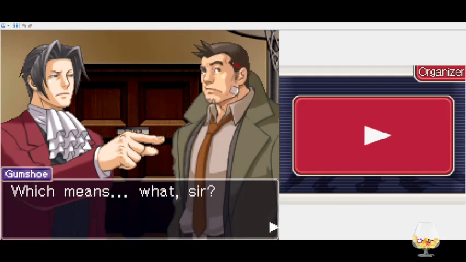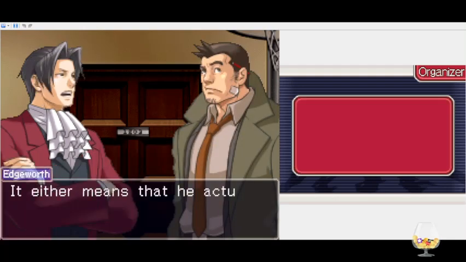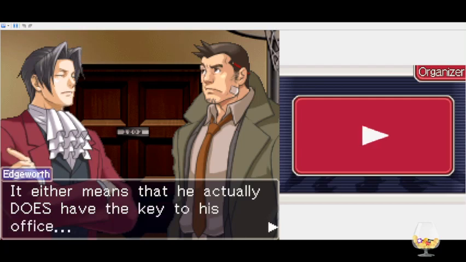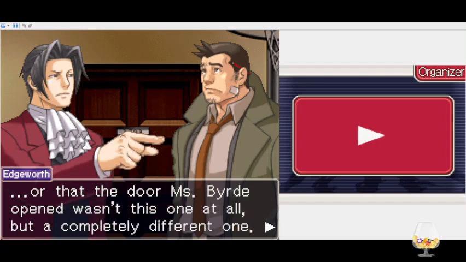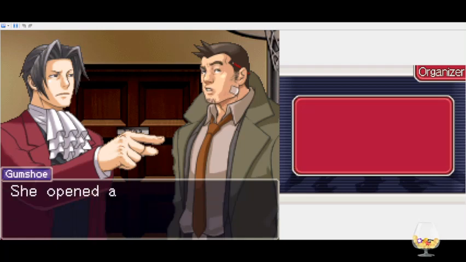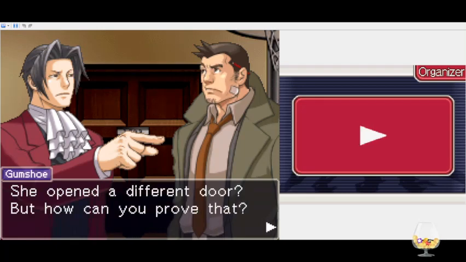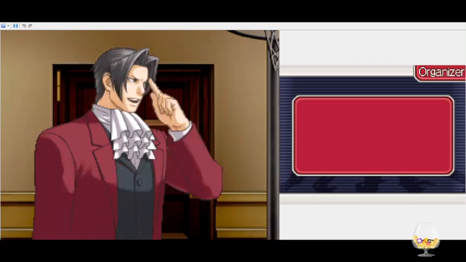Which means... What, sir? It either means that he actually does have the key to his office. Oh, right, he wouldn't have had to use the master key if he did actually have the key on him. Or the door Miss Bird opened wasn't this one at all, but a completely different one. She opened a different door? But how can you prove that?